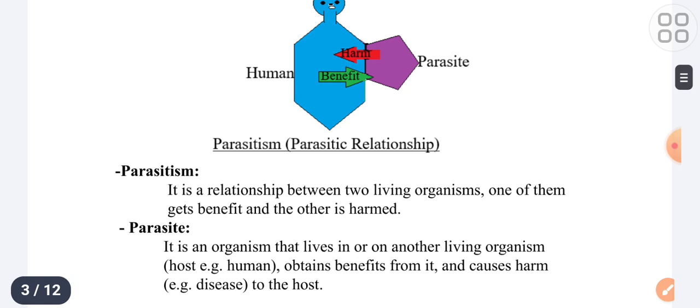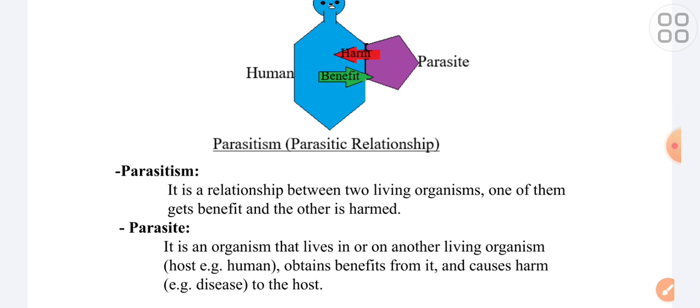Parasitism, which is a parasitic relationship. Parasitism is a relationship between two organisms. In our case, one of them is human. In parasitism, one of those two gets benefit, that is the parasite, and the other is harmed, that is the human.